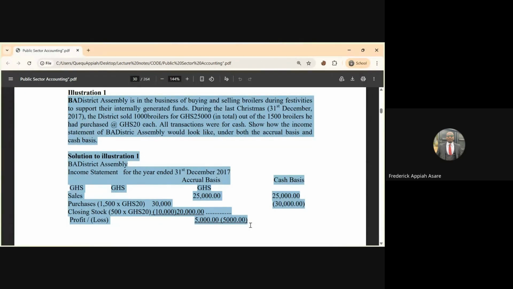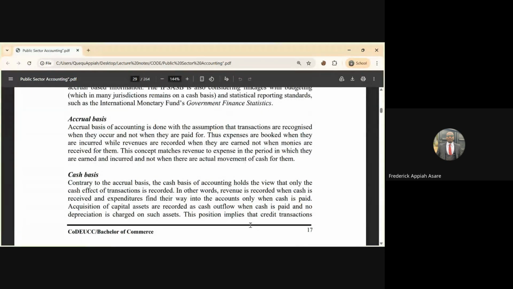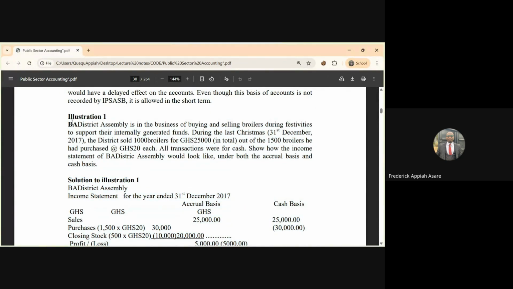I've already explained that when you are using the accrual basis, we record the transaction when it occurs, not when cash comes in. But with the cash basis, we only record a transaction when cash comes in. So let's look at this example to explain this. There is a district assembly.